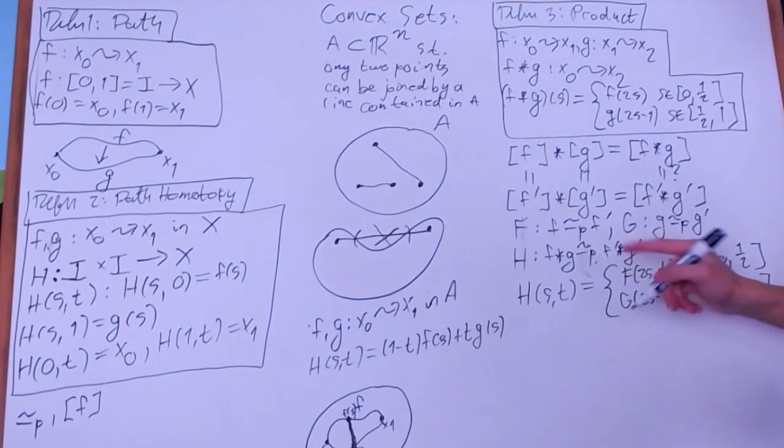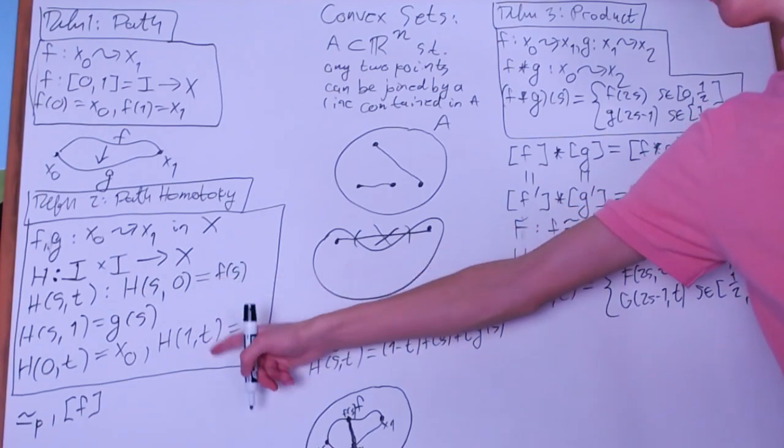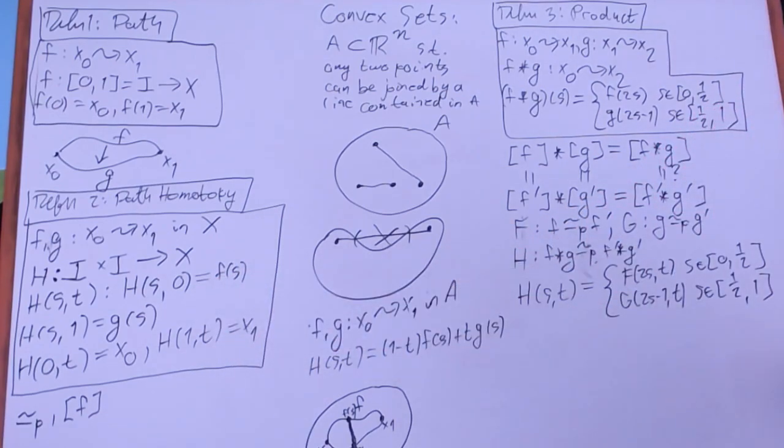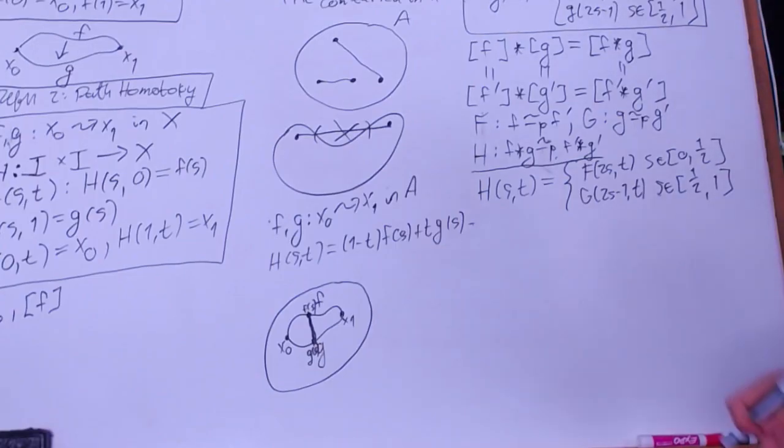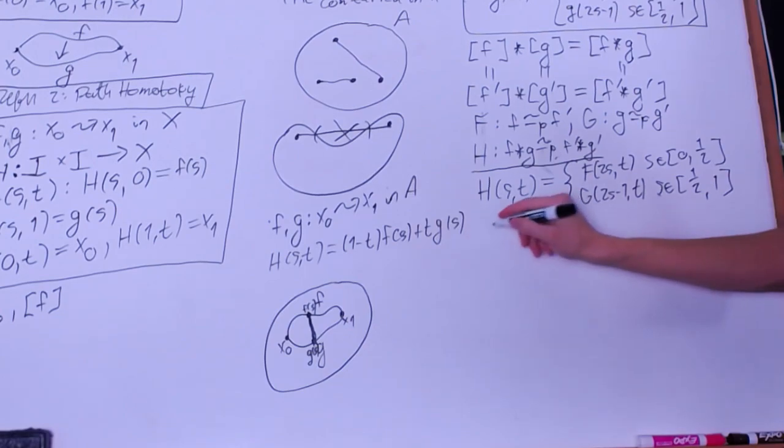Now you can go ahead and check that it satisfies all of the properties of path homotopy. It's very easy to check that. And so what you get is that we have a new path homotopy between f star g and f prime star g prime. Therefore, these two homotopy classes are going to be equal to each other because their representatives are path homotopic.